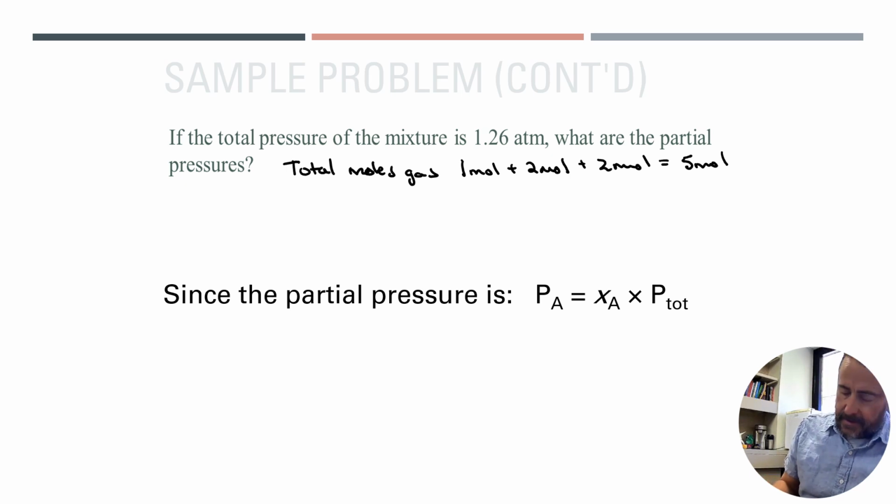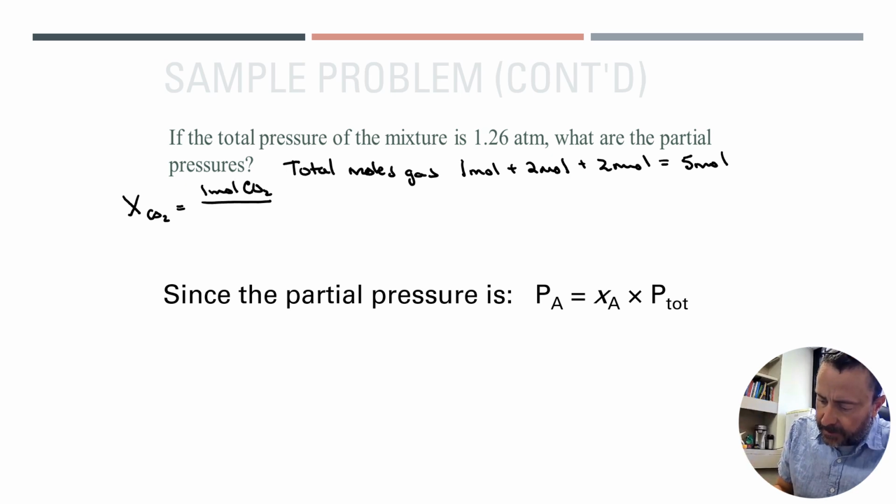So then the mole fraction of the carbon dioxide is 1 mole of CO2 divided by 5 moles total, and so the mole fraction of this is 0.2. The mole fraction of water is going to be the same as the mole fraction of oxygen, by the way, so I'm going to write them together here.